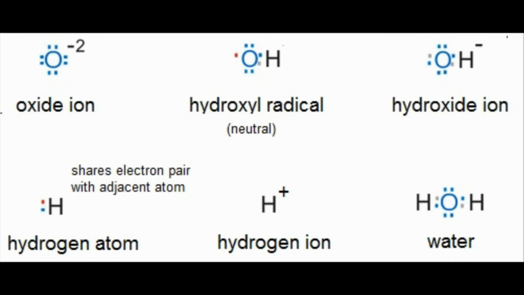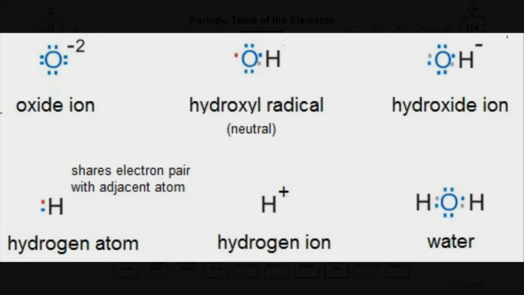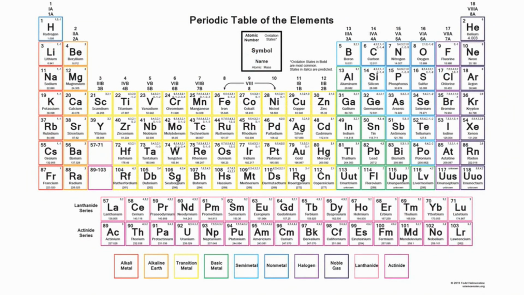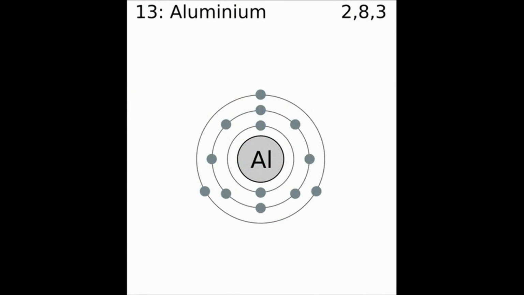And this is called a hydroxide ion. And now suppose you had one of these hydroxide ions just floating around. Let's take a look at aluminum here on the periodic table. Aluminum is atomic number 13, right? And let's take a look at aluminum's electron configuration. You notice it has 3 electrons in the outer shell. So it really wants to do better than that.